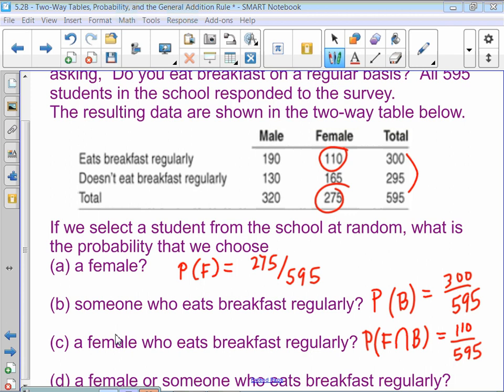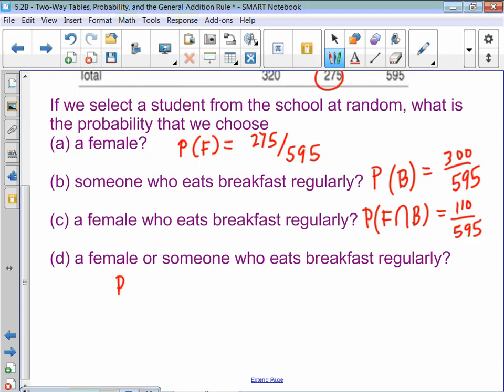So for D, you're a female or someone who eats breakfast regularly. So when you set up this probability, you want to use the symbol for or, which means we are adding probabilities. So we need to use the whole formula here. So Charles, what's the probability of being female? Yeah. So we start with 275 out of 595.